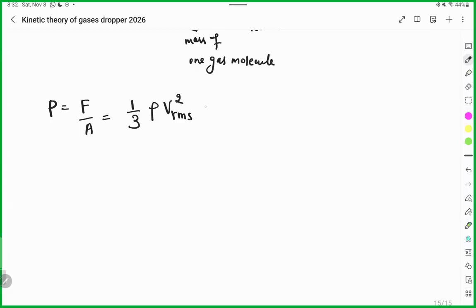Or 1 by 3, density is equal to mass by volume, VRMS square. Now we can write this in different forms. We can also write VRMS square as the summation of V square divided by the number of molecules, and many more.